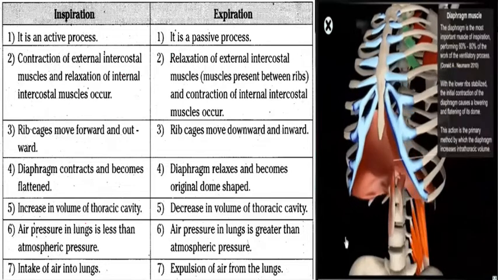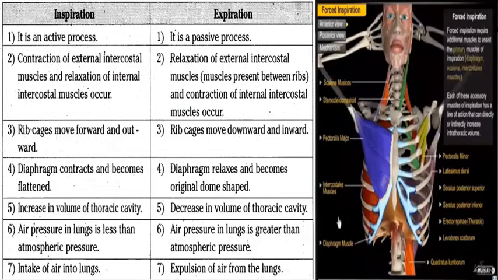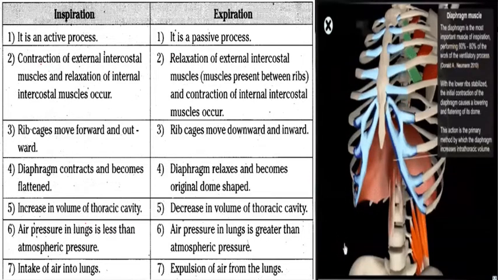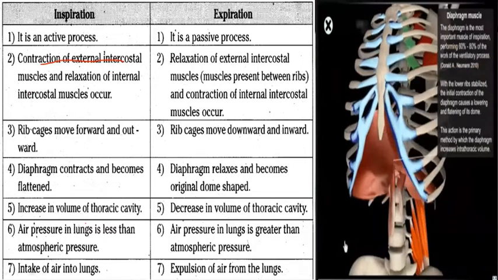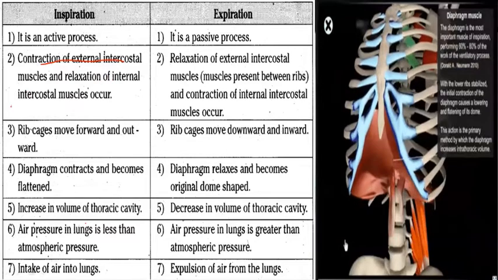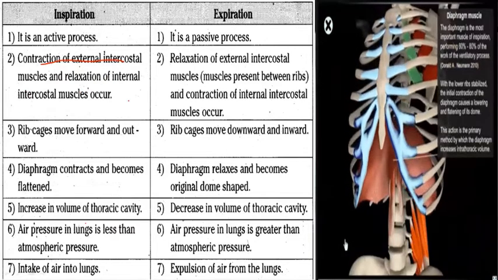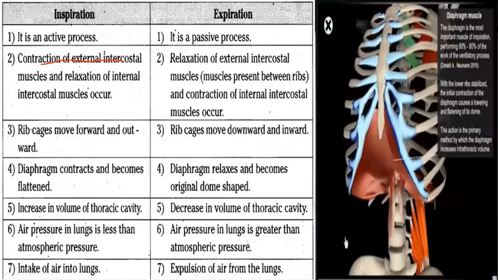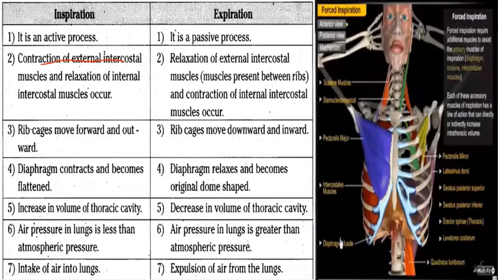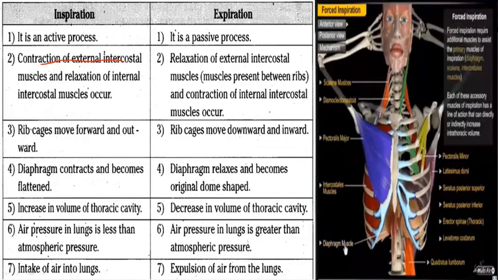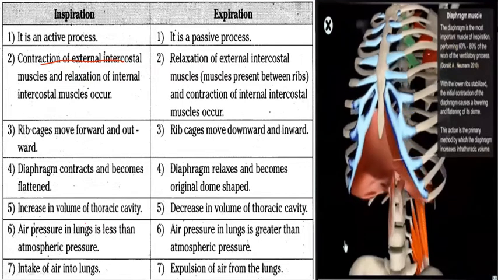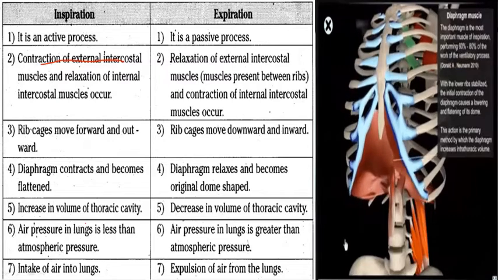What happens while we inspire the air? Contraction of external intercostal muscles and relaxation of internal intercostal muscles. These ribs have two types of muscles. You can see here, these are external intercostal muscles, and inside, internal intercostal muscles are there. Two layers of muscles.